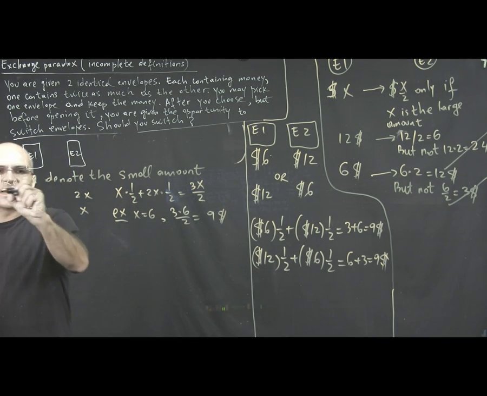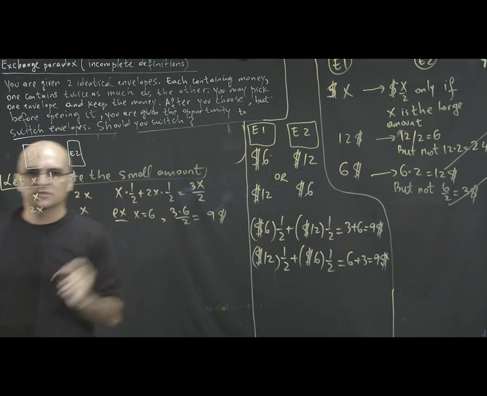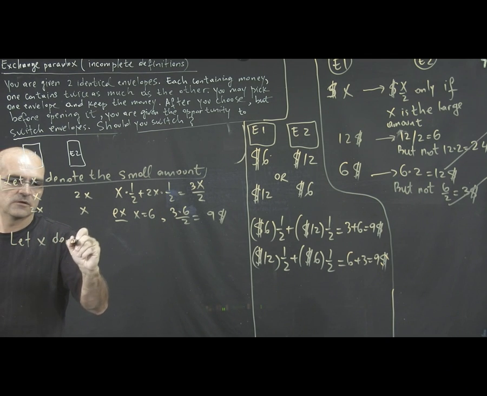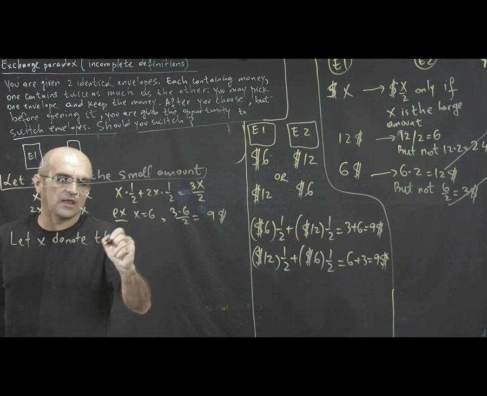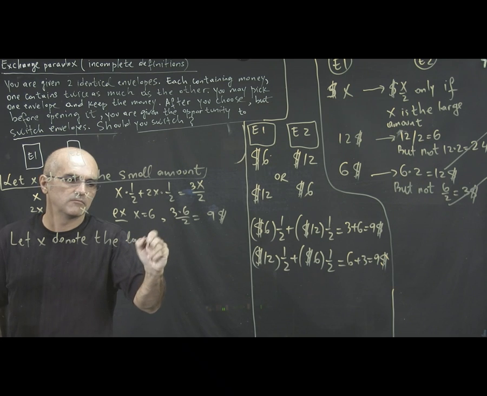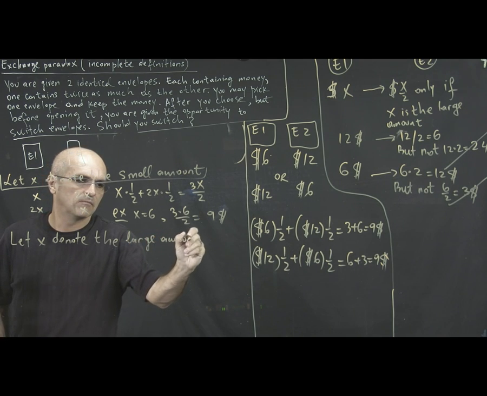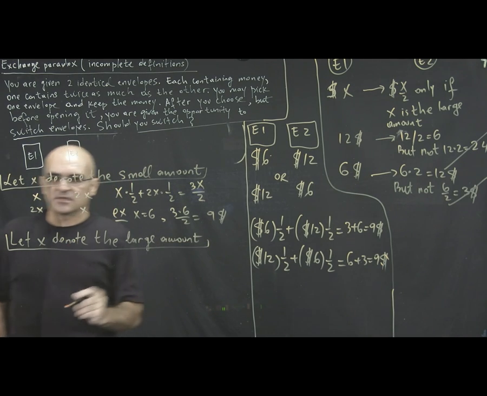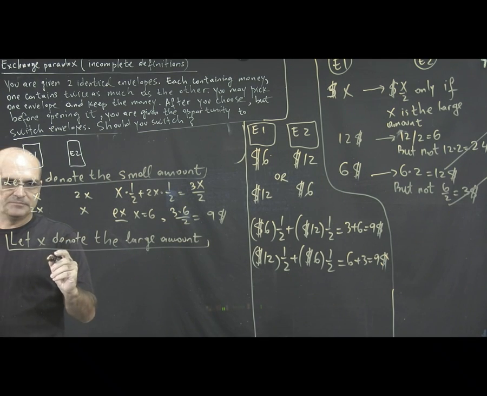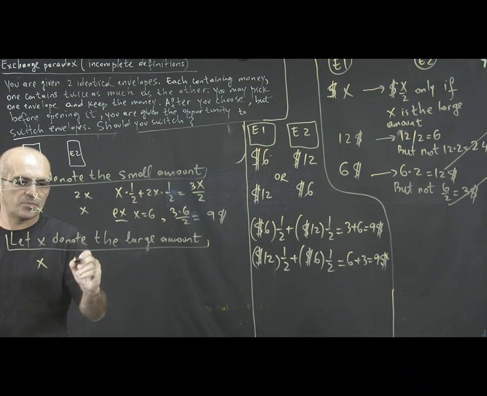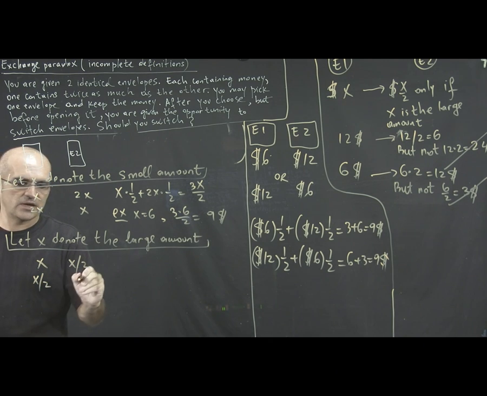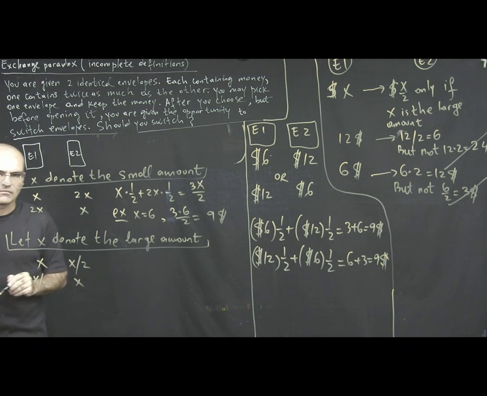Now, if you decide to let x denote the large amount, then the possibilities are either x in the first envelope and x over 2 in the other one, or x over 2 in the first one and x in the second one.